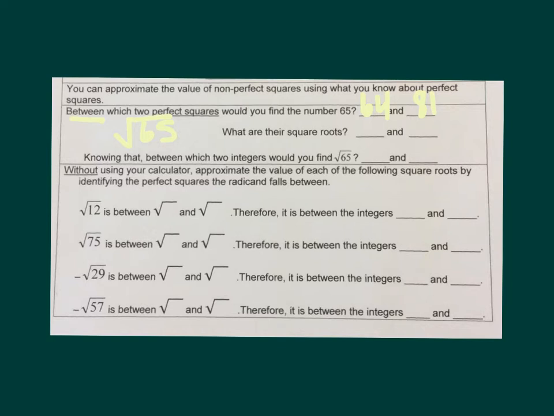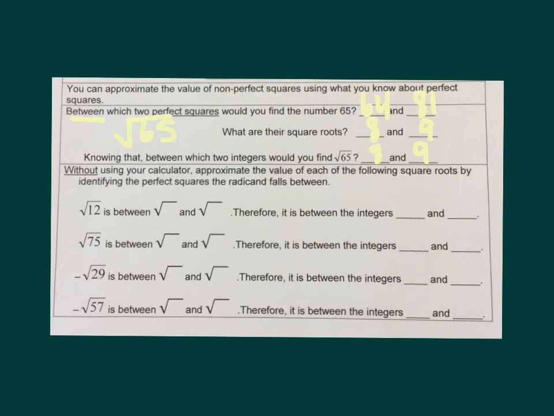So the square root of 65 falls between the square root of 64 and the square root of 81. The square root of 64, you should know, is 8, and the square root of 81 is 9. So knowing that, we can say that the square root of 65 falls somewhere between 8 and 9. And that's as far as we're going to have to go today, is just knowing which two numbers the square root would fall between. So the square root of 65 is 8 point something, because it falls between 8 and 9. So let's look at a few more.